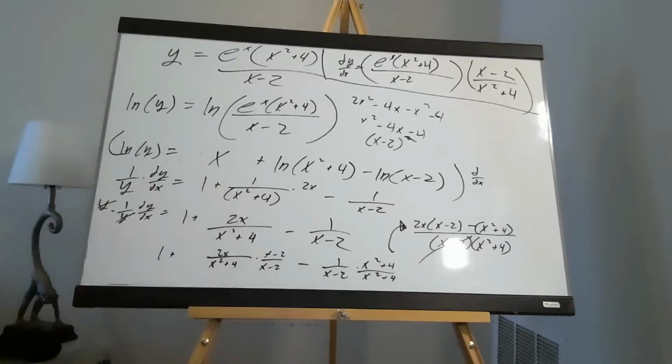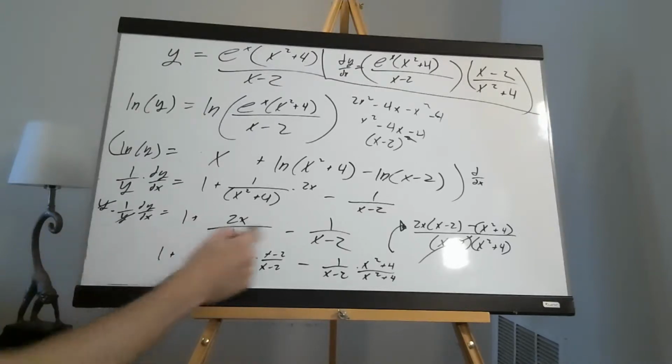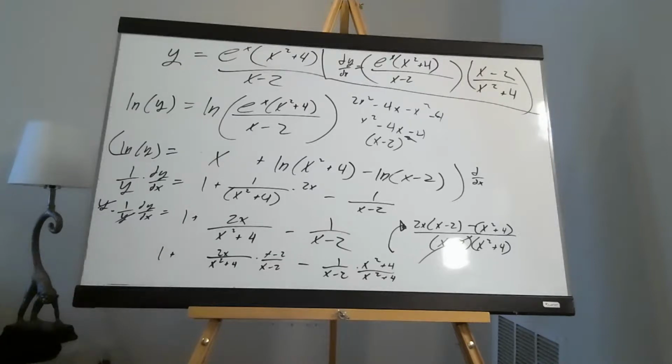And then the derivative of x squared is just 2x. So then minus the derivative of natural log of x minus 2, which is just 1 over x minus 2. The derivative of x minus 2 is 1, so we don't care about it. Then that leaves us with this: 1 plus 2x over x squared plus 4 minus 1 over x minus 2.